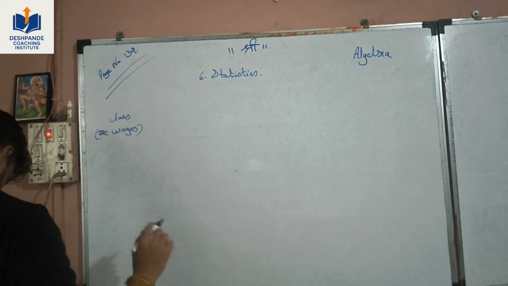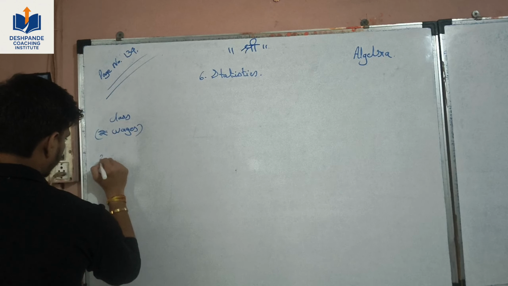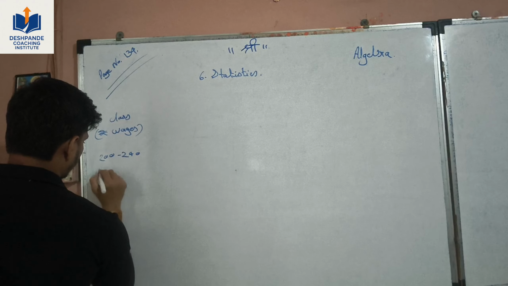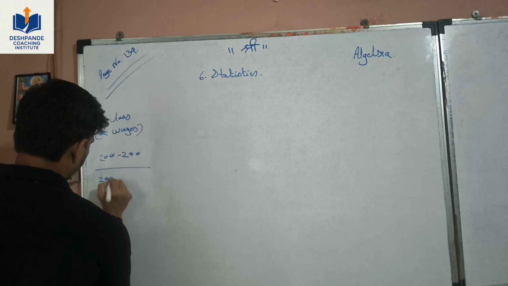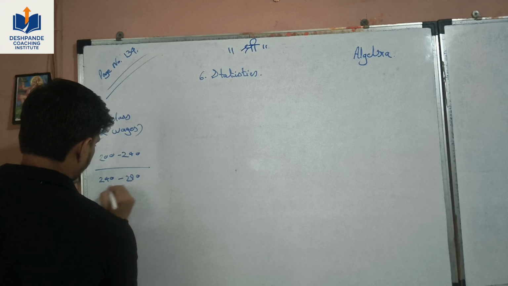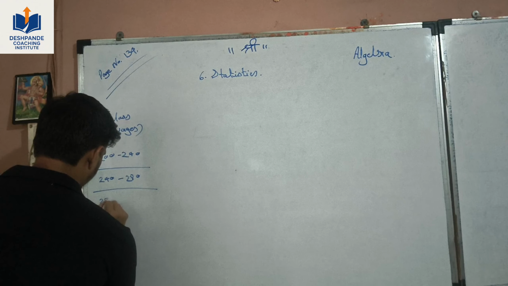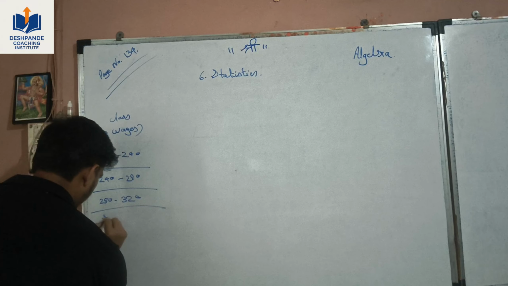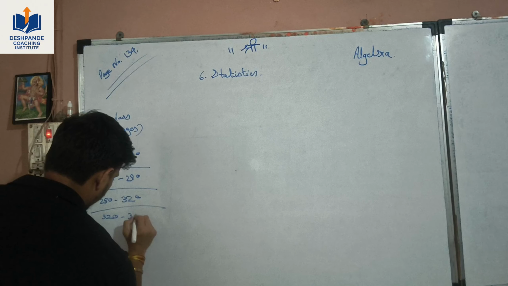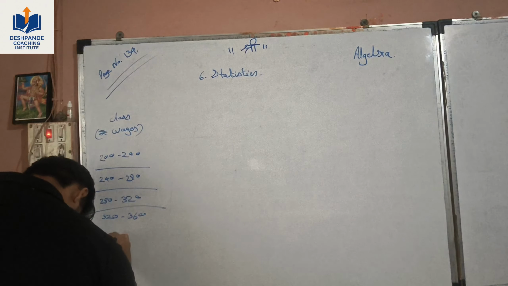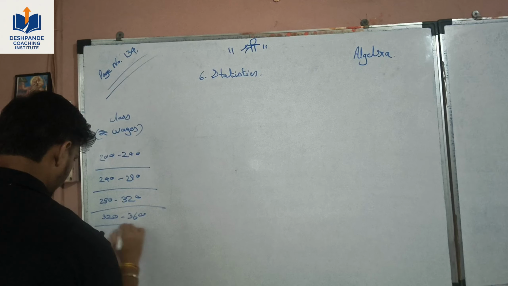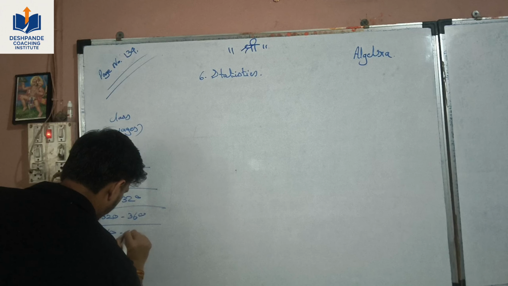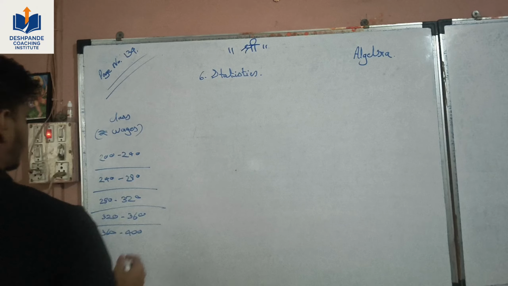So what are the classes? 200 to 240, then 240 to 280, then 280 to 320, then 320 to 360, and last 360 to 400. So these are the classes.